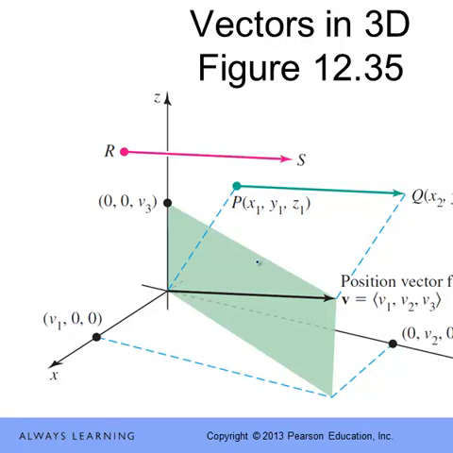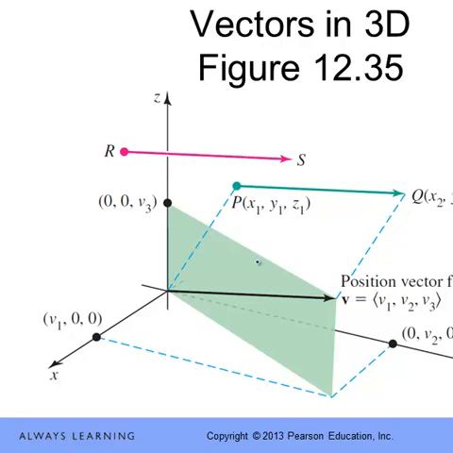Well, if you understand the material from section 12.1, then in 12.2, we're talking about 3-dimensional vectors, where you have a position vector that you might see in this form, v1, v2, v3, for example, which could be the vector that goes from the origin out to the point v1, v2, v3.